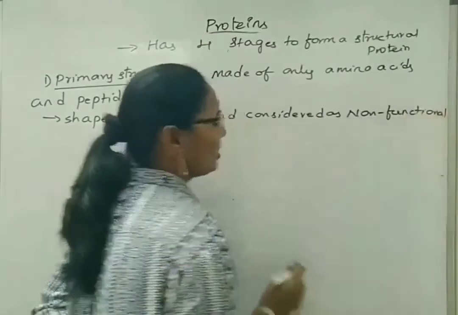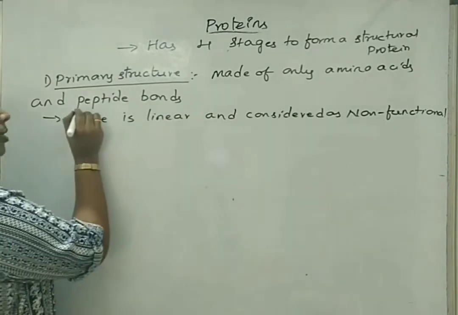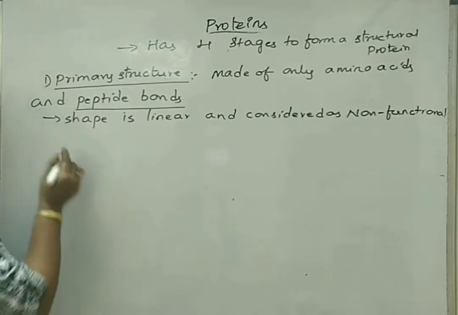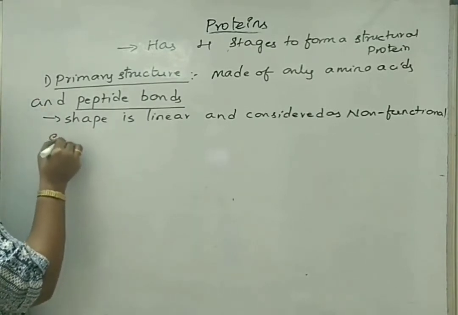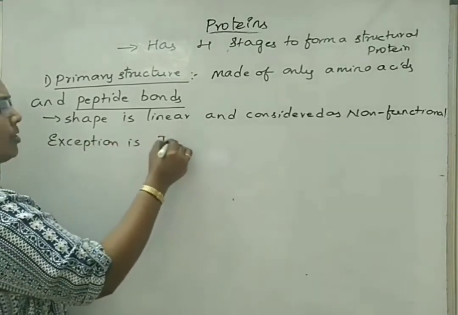Non-functional in nature. This primary structure of protein is considered non-functional, meaning it is not involved in any function. Here we see only one type of bond, that is the peptide bond, formed between amino acids. But there is an exception, and the exception is insulin.